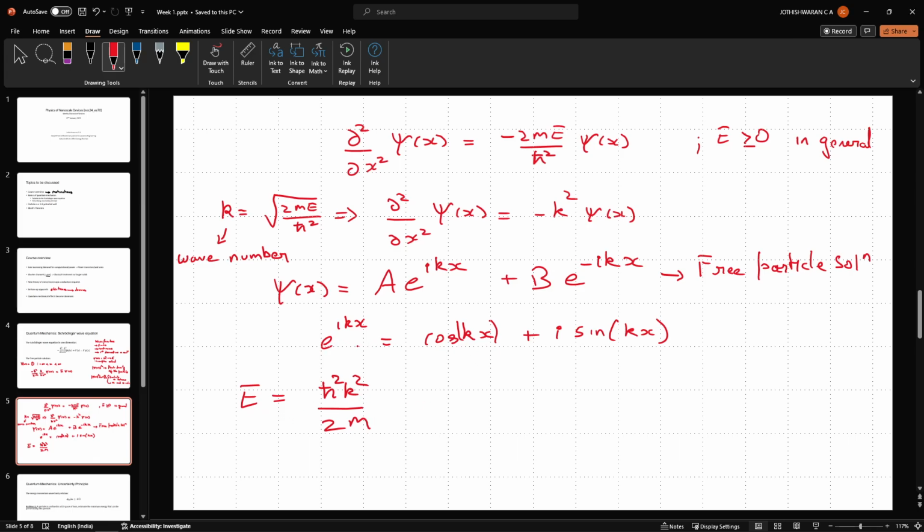So given a wave function that is defined by e to the power ikx and e to the power minus ikx, we can say that the energy will correspond to this value. Additionally, we know from classical mechanics that E is equal to p squared upon 2m. So this is the relation between energy and momentum in the non-relativistic limit.